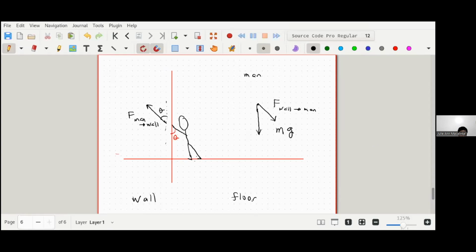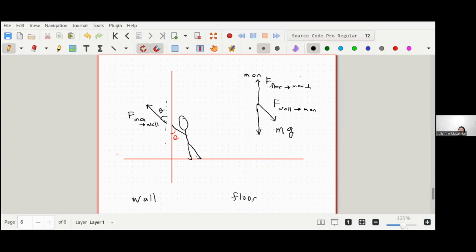Okay, may floor. Ano yung forces experienced by the floor? The floor is being pushed, or let's think about the map. Backwards po. The floor has to be pushing upward. Perpendicular to the floor.